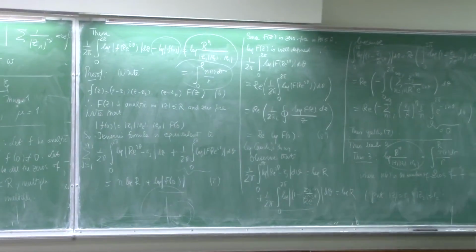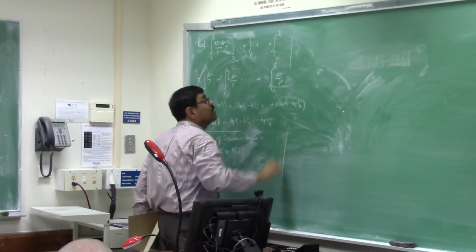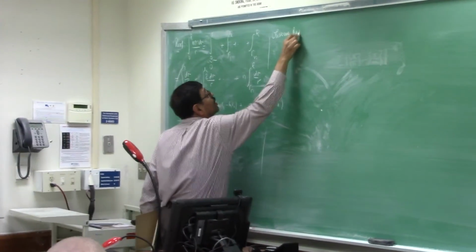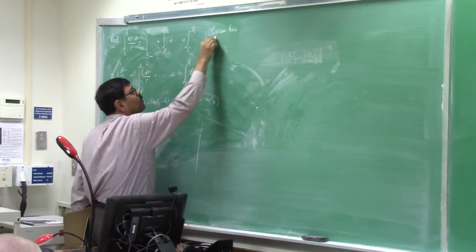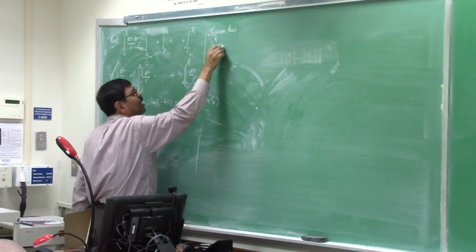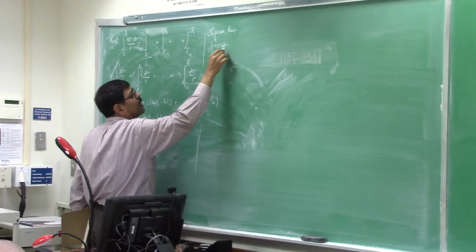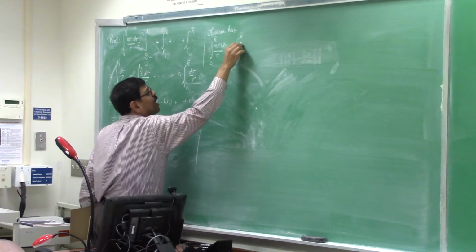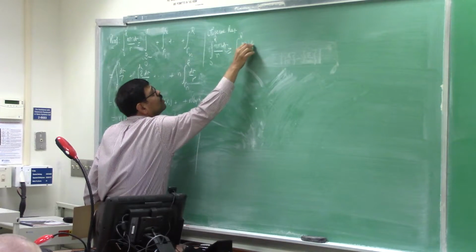Now, observe that the integral from 0 to r, n of r dr divided by r is at least the integral from r over 2 to r, n of r dr over r.